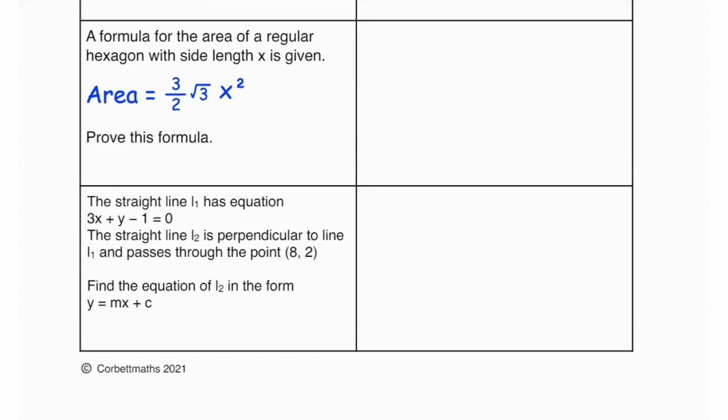So let's begin with drawing a hexagon first. So a hexagon, and as you can see, when we divide this, we have 6 identical triangles, and these lengths are given as x.